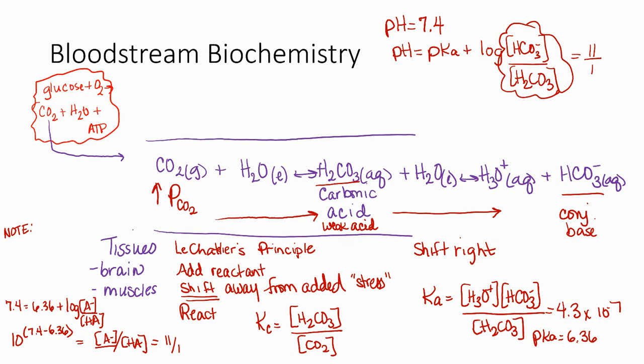So let's say you are jogging. The pressure of carbon dioxide is increasing in your tissues, in your muscles. That's increasing the amount of CO2 in the bloodstream. That shifts these equations right. So during exercise then, what will happen is we'll see an increase in H3O+.